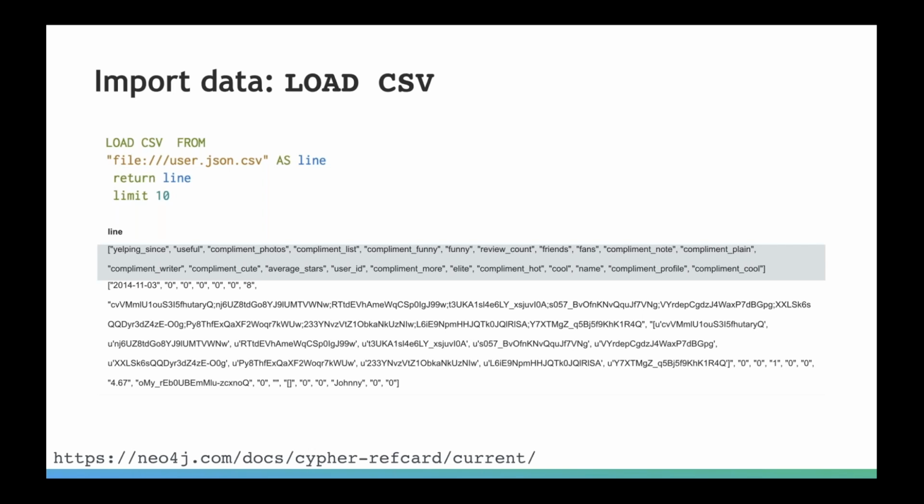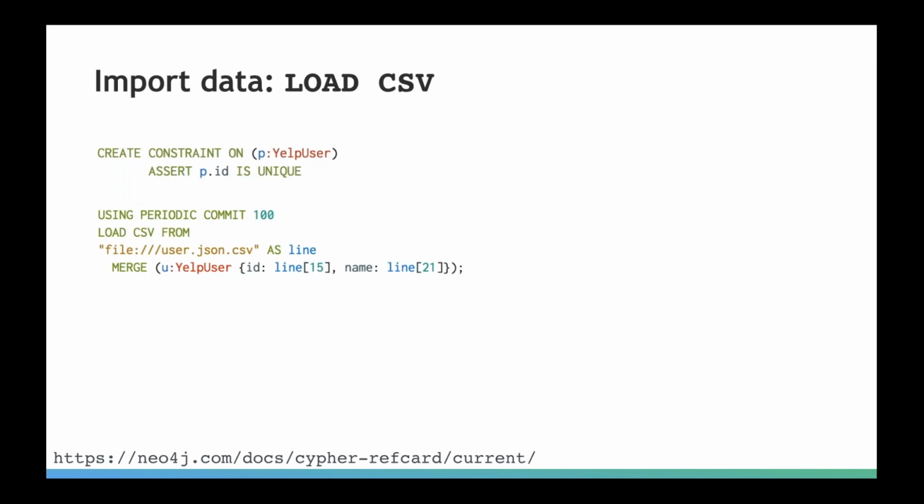So you can see how the data in this file is structured. Before I do anything, I create a constraint on something I call a Yelp user. By doing this, I also get an index on the Yelp user ID, and that is helpful for performance.